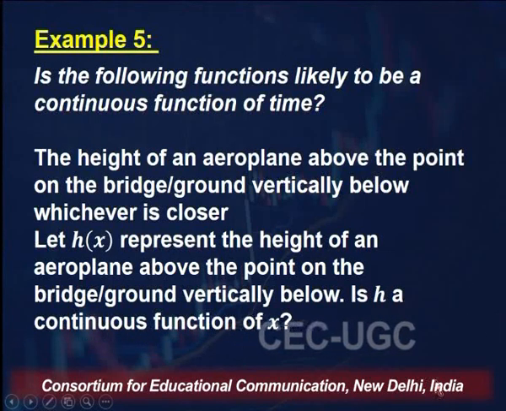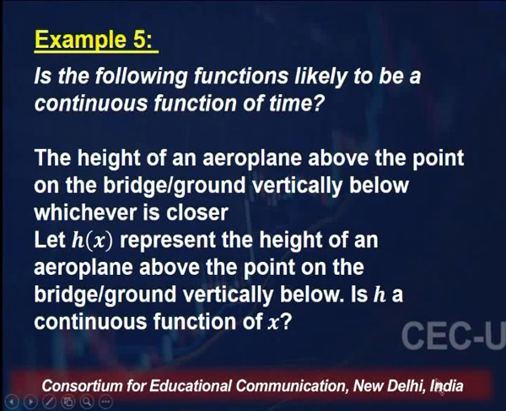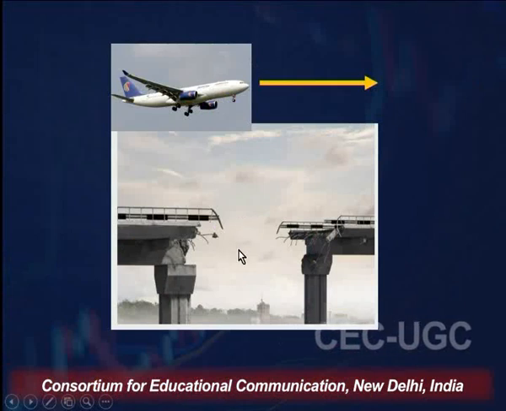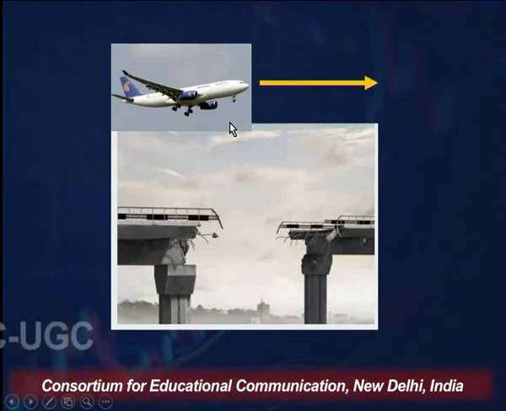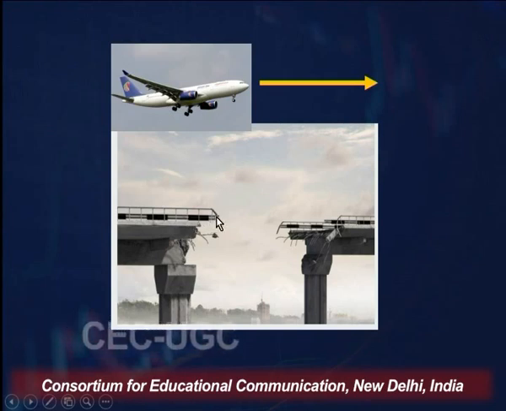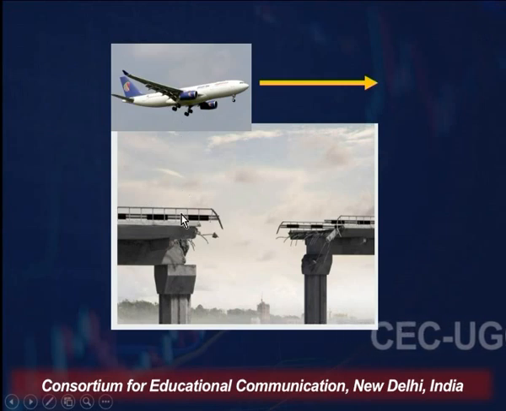Okay, so here the answer is going to be, again, not necessarily, because you may have a situation like this. I have this picture here where actually the bridge is broken. So the aeroplane is flying over the bridge, right? But do you see that so far the vertical height is a constant because the bridge is of the same height here.